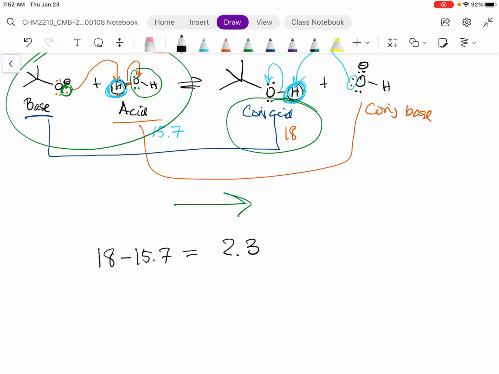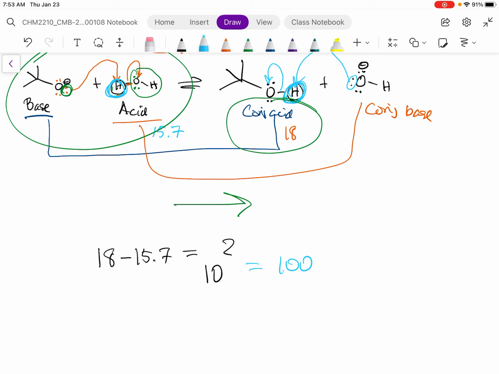You're going to get a value of 2.3. Now we have to remember that pKa's are logarithmic. They're logs. So it's not 2.3 times favored to the right. It is 10 raised to 2.3 times to the right. And what does 10 raised to 2.3 equal? Well, let's just simplify it. 10 raised to the 2 equals 100.